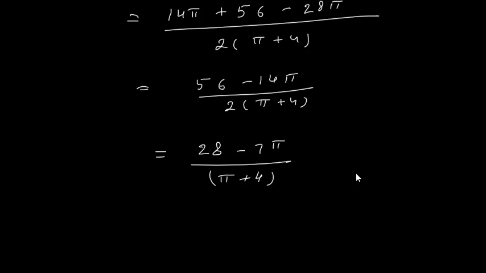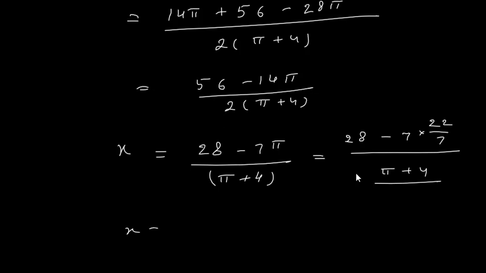Value of pi is 22 upon 7. Okay, shall we put that? So this is 28 minus 7 into 22 upon 7. So this 7 will cancel and whole divided by, we have pi plus 4. This is the value of x.